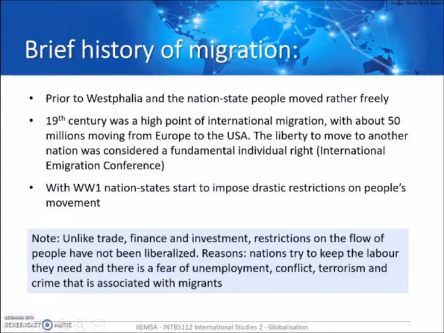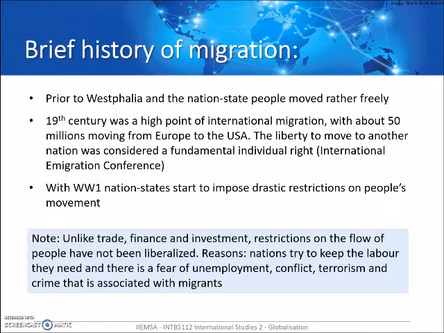And something that is also worthy of note is that in general, globalization has rather liberalized or helped the flow of things, right? So trade, the flow of trade, of finance, of investment has increased massively over the past century. However, the flow of people, not necessarily, right?